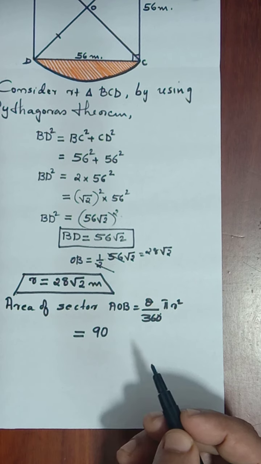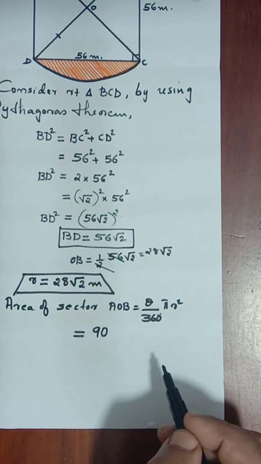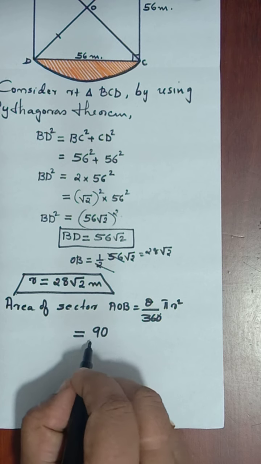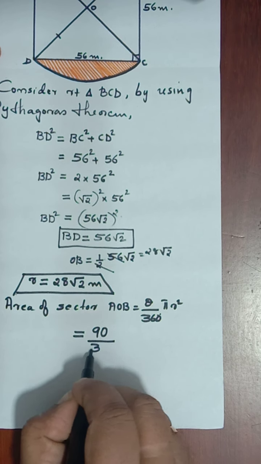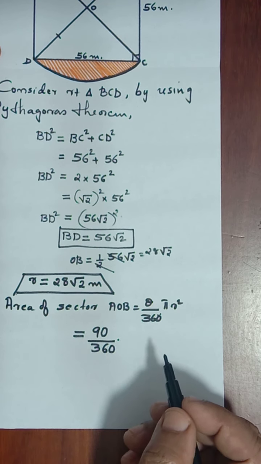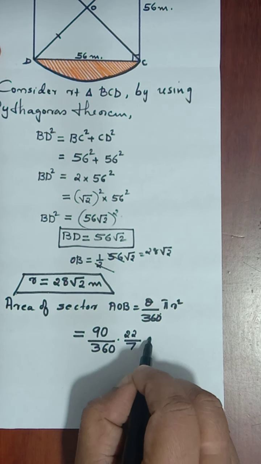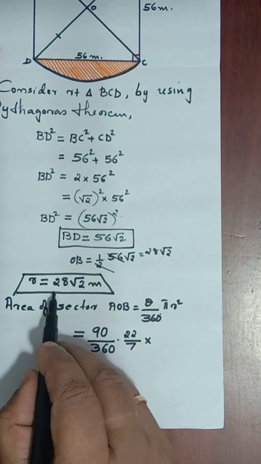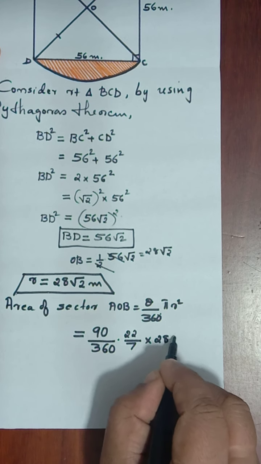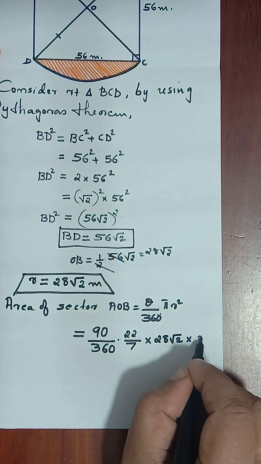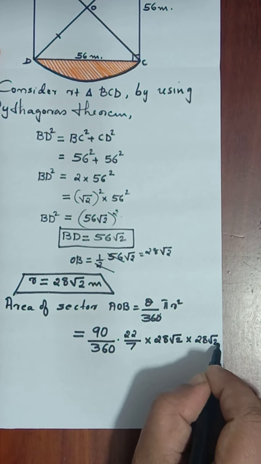As I told you, diagonals bisect each other at a right angle. Each angle is 90. By 360 into pi, we substitute 22 by 7. Radius is given as 28 root 2 into 28 root 2.